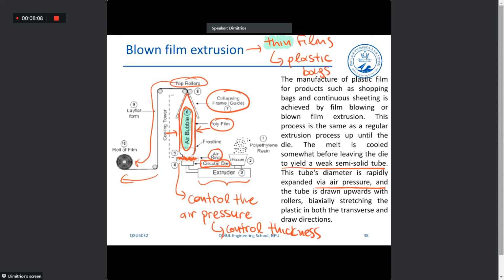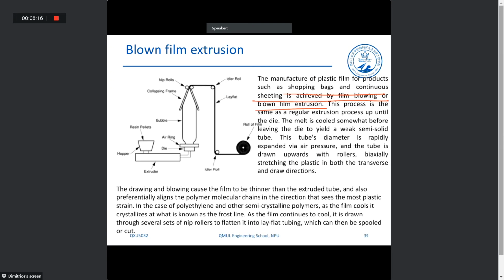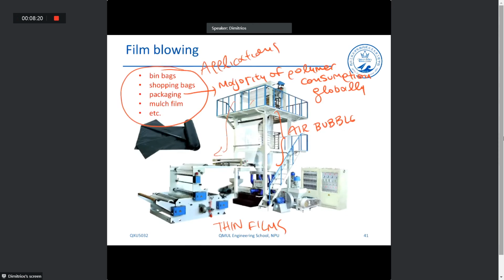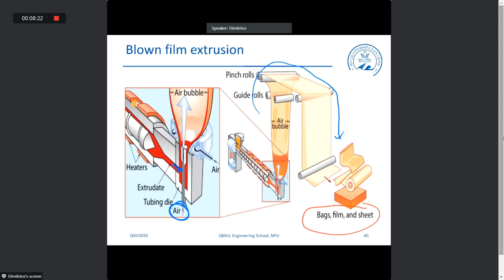In this case, we can make continuous sheets of materials much thinner than the extrusion we saw before. Yes, this is how it works. It creates bags, films, and sheets.